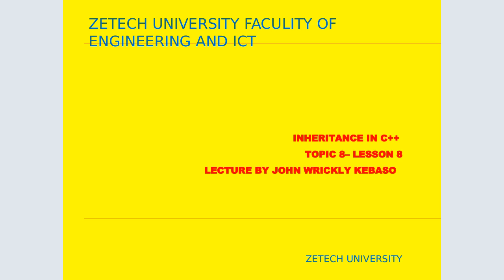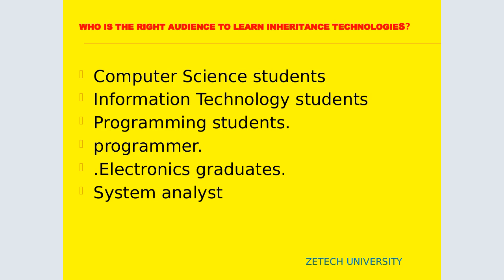So today, I only want to start introducing one of the very important features of object-oriented programming, which is referred to as inheritance. So we are going to look at it in relation to C++. That's why I've just said inheritance in C++. So the question comes in, who are the people supposed to learn inheritance in programming?